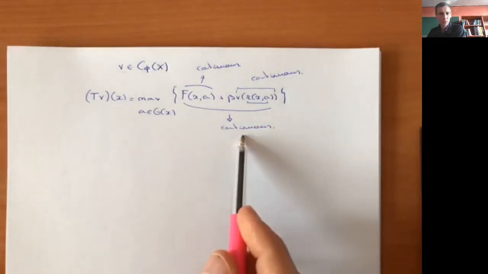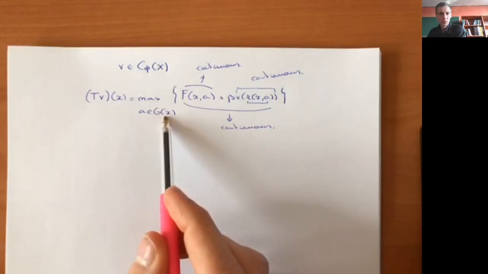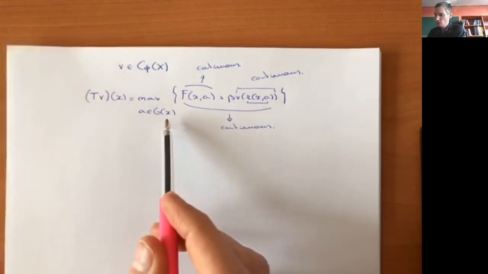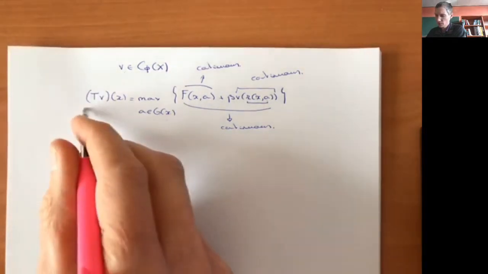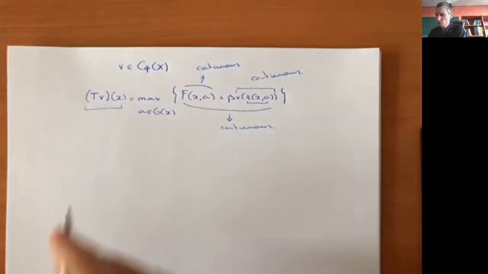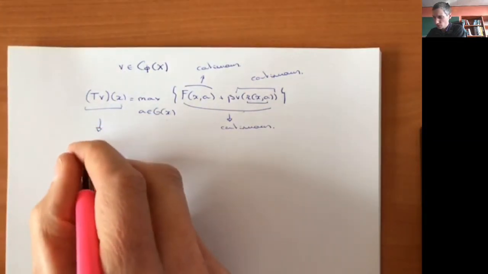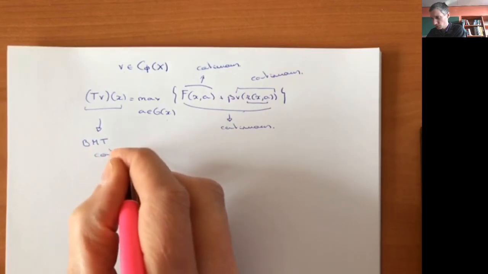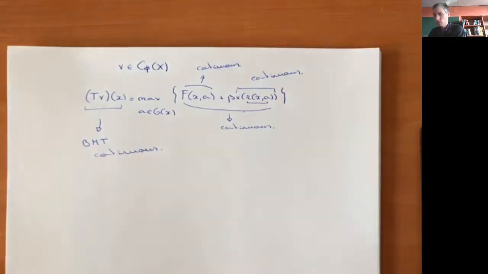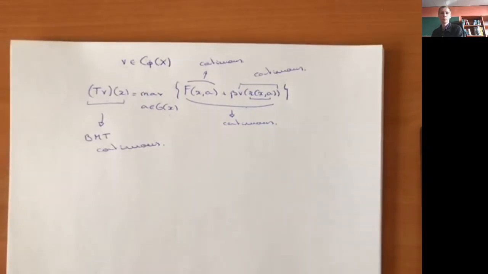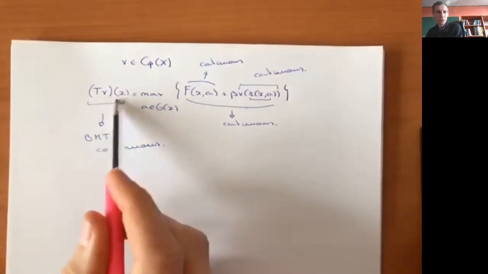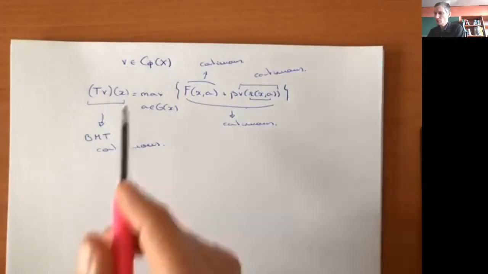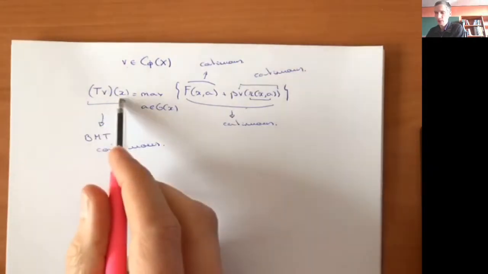So we're maximizing a continuous function subject to an upper and lower hemicontinuous correspondence. This is the value function of this maximization problem. By Berge's maximization theorem, we know that this value function will be continuous. So we already did all the heavy lifting here. Tv will be continuous, a continuous function of x.